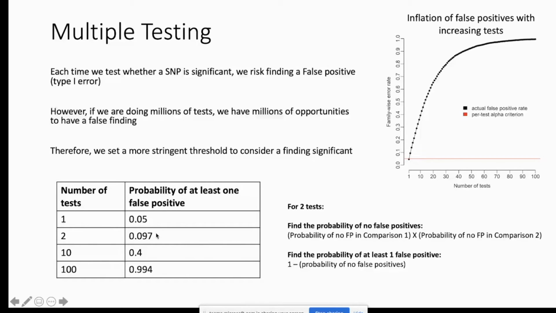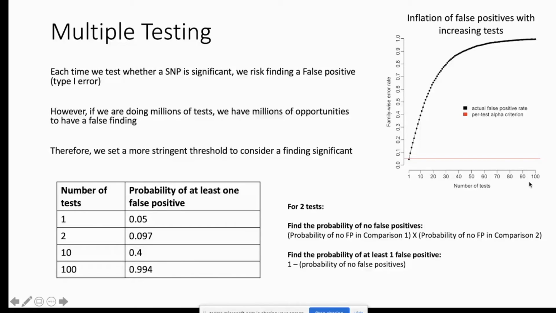So this shows there's a 9.75% risk of having at least one false positive if we were looking at 2 different SNPs and testing whether they were significant or not. As you can see, the type 1 error rate, so that's the risk of a false positive, increases dramatically as we increase the number of tests.